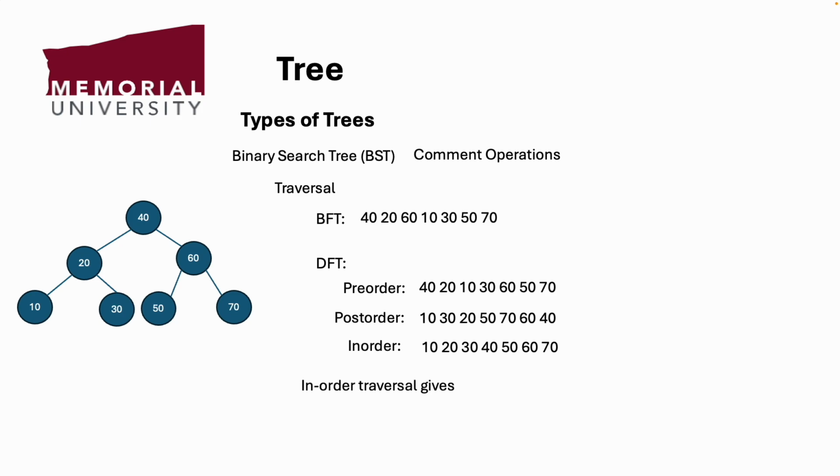So for the in-order traversal, it gives what? We can say it gives a sorted sequence. So for the binary search tree, the in-order traversal provides the sorted sequence. So this is the most important traversal in the binary search tree. Another important thing is that we use the in-order traversal to prove whether the binary tree is a binary search tree or not.